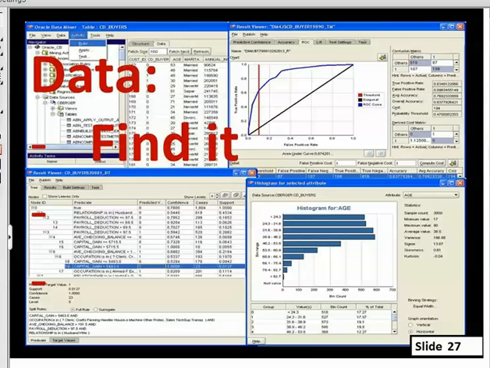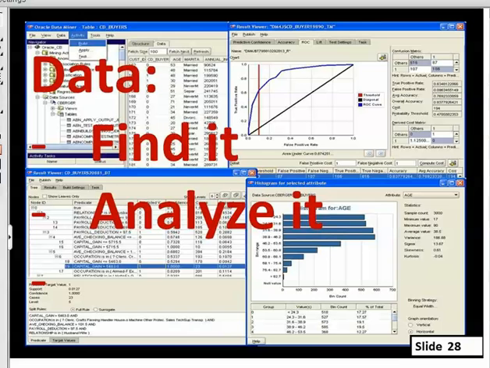Once you've found it, you have to know what to do with this information. So you have to have a good way of analyzing it. You may be using statistical packages to determine the trend in your sales, or your average revenue per sale.